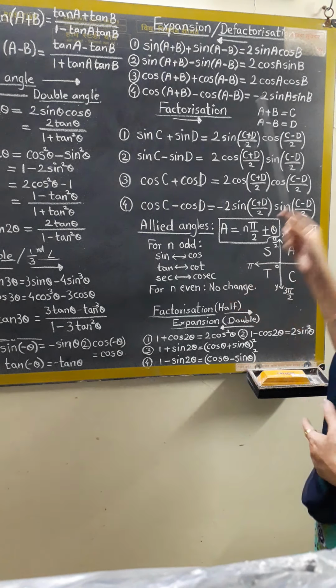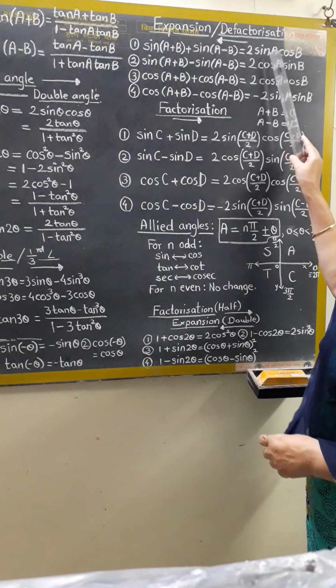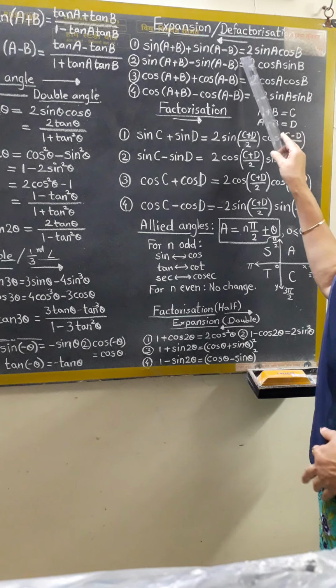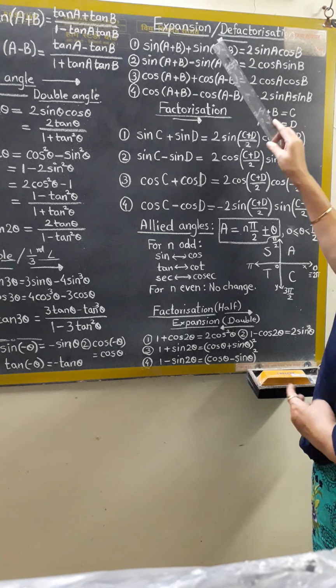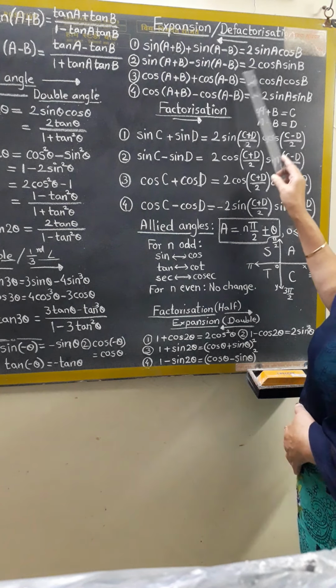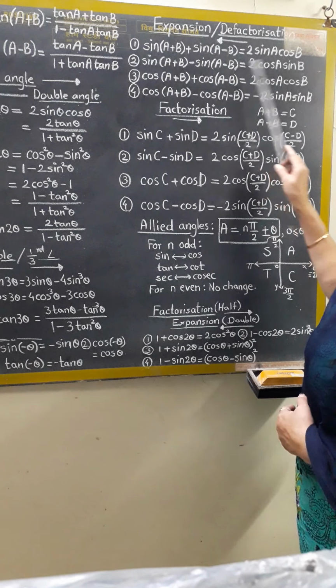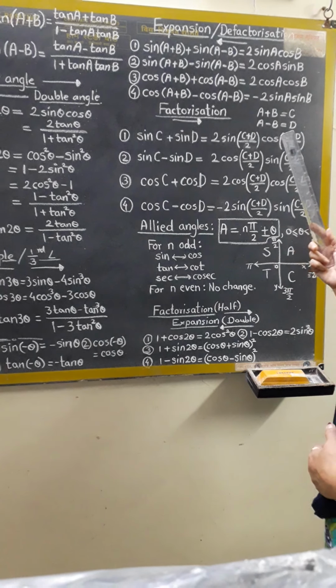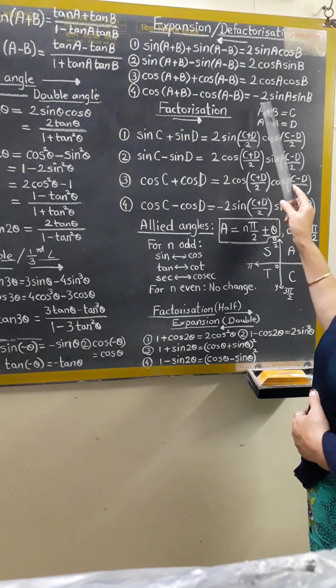So you can remember this: for addition, it is twice the first term of the compound angle formula, and when it is subtraction, it is twice the second term of the compound angle formula.